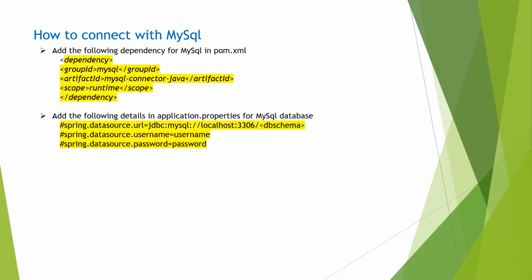But if we do not provide those details in our application.properties, Spring Boot will use the embedded database. So the configuration in application.properties takes higher precedence. In that case, Spring Boot will check the configuration and try to reach the corresponding database. It is a very simple way to connect.